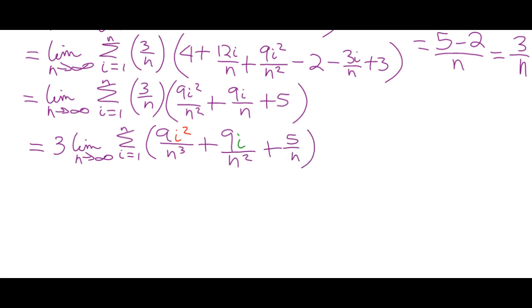The reason I'm writing i squared and i in colors is because we have a formula for the sum of i squared. It's on our formula sheet. And we have a formula for the sum of i.